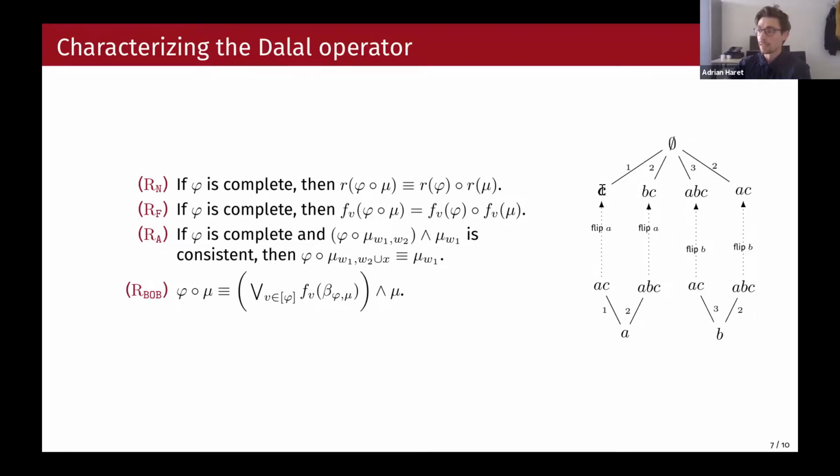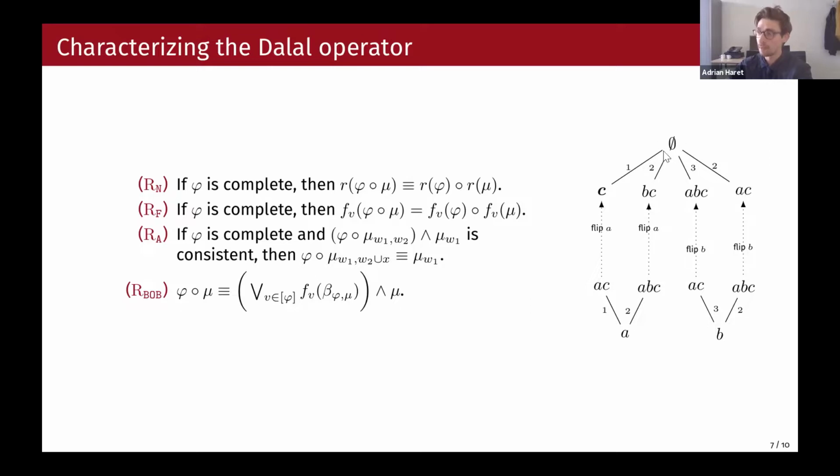So now you're revising, right? You have different copies of mu, all flipped according to the models of phi. And the idea is to bring them all to a common denominator, to create this choice situation where the model doing the choice is the empty set, and you do this via flipping.